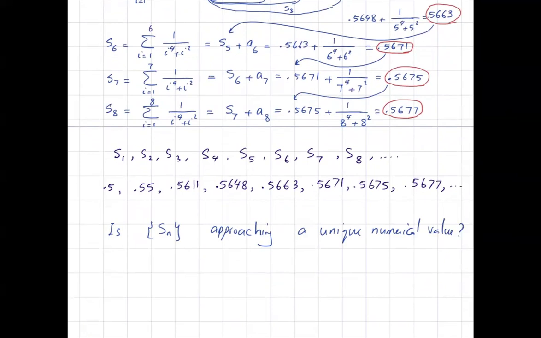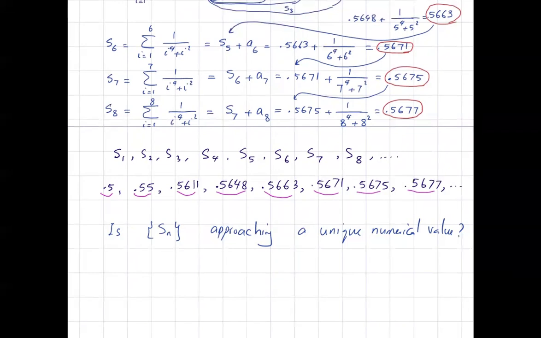Well, just compare these: 0.5, 0.55, 0.5611, 0.5648, 0.5663, 0.5671, 0.5675, 0.5677. So it looks like it is a convergent sequence.